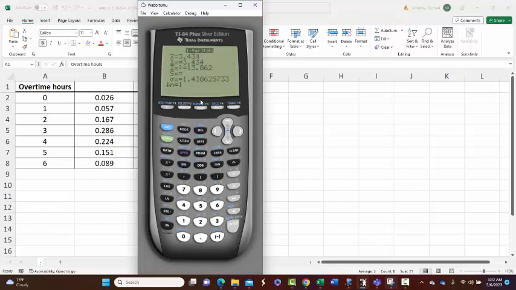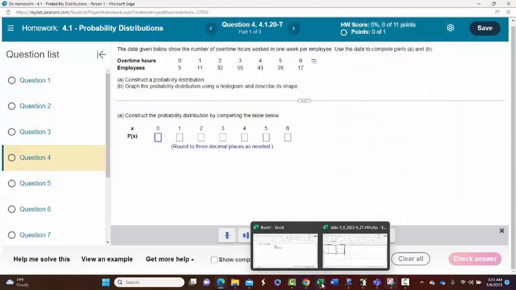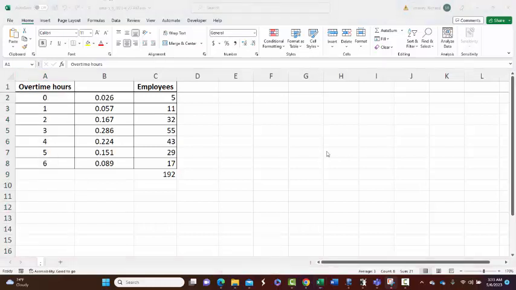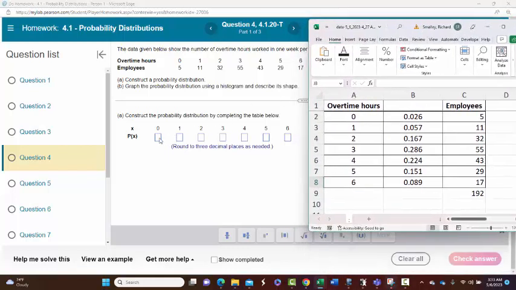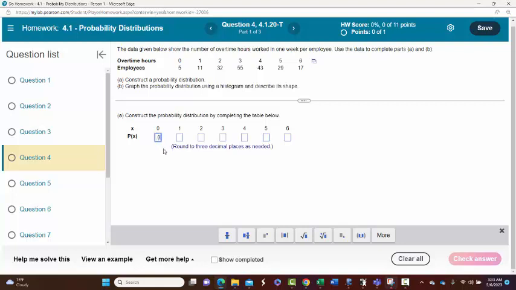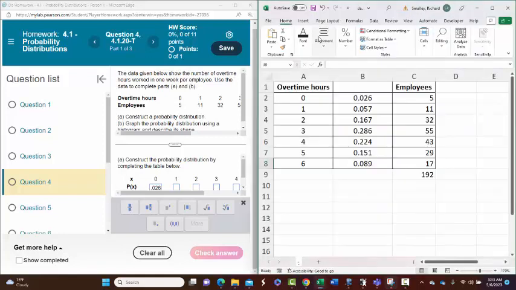Let's see what it's asking us. Oh, we've got to put these values in there. Oh, good grief. Okay. All right, how can I get that to, I think there's a way to split screen this or something. I want that to stay there when I type in each number.